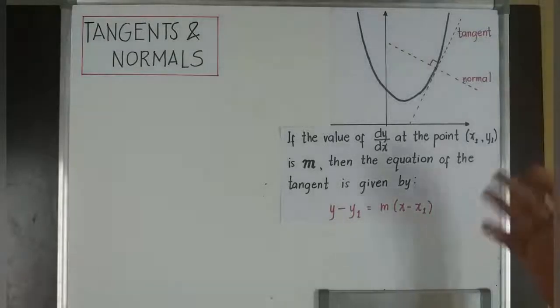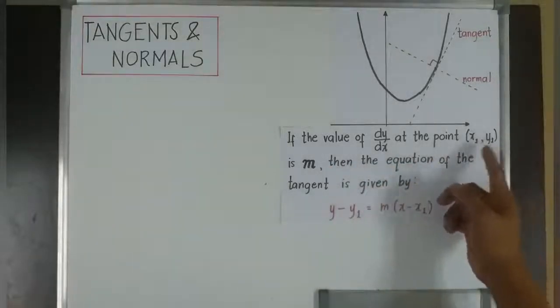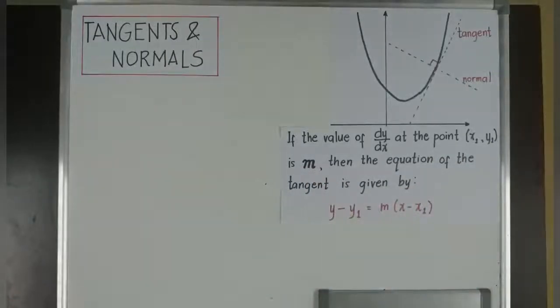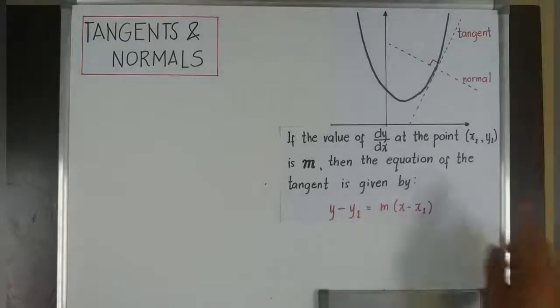What is m? M is a letter that is used to represent the gradient. In other countries, they call it slope. In the Philippines, we also call it slope. Then the equation of the tangent is given by y minus y1 equals m times x minus x1.